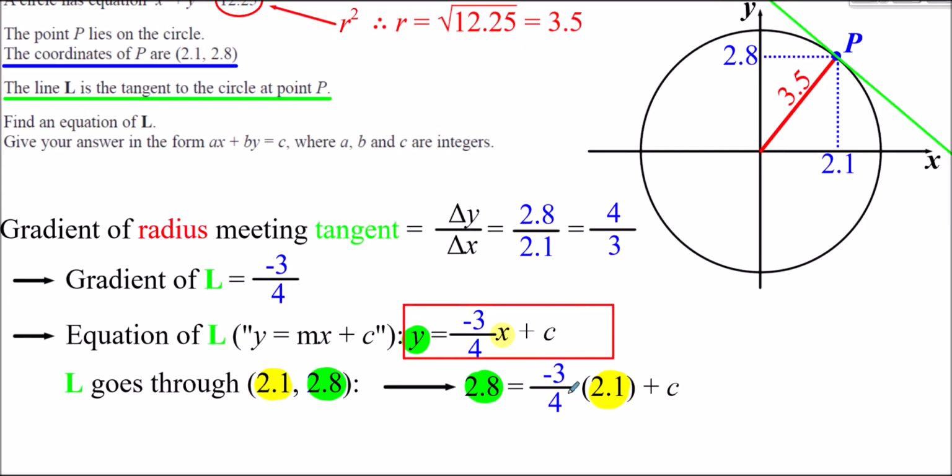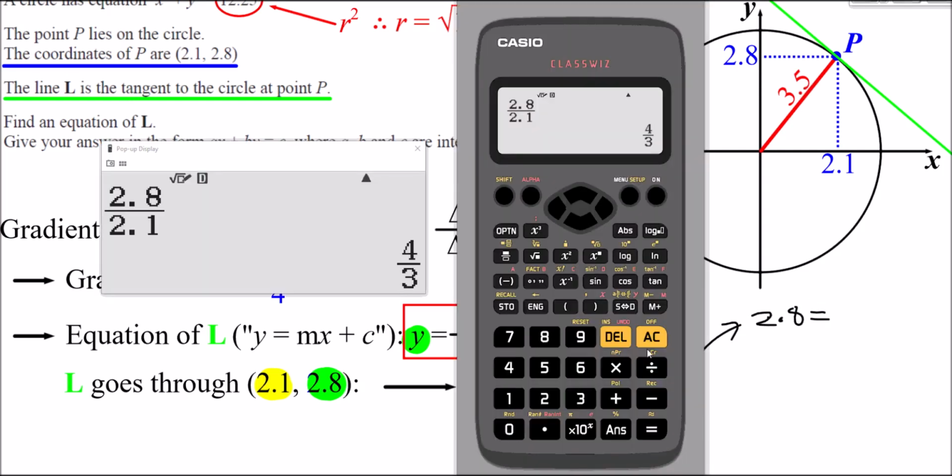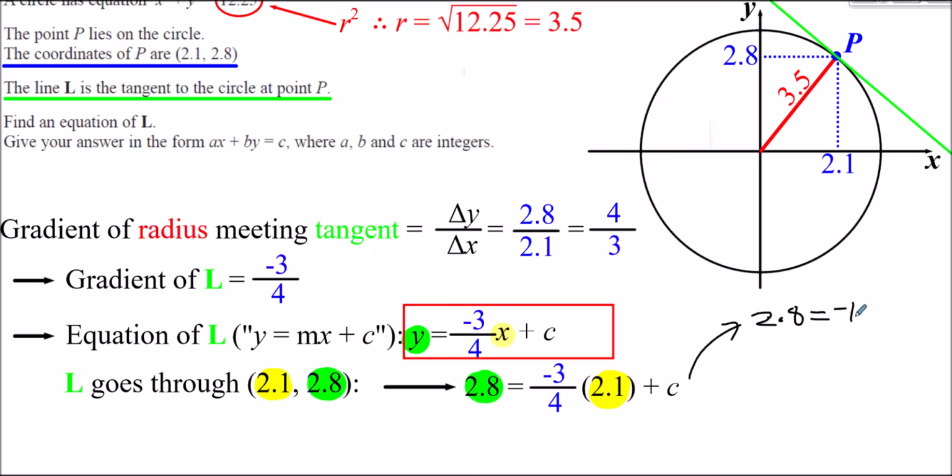So if I just work out minus 3/4 times 2.1, first of all, minus 3/4 multiplied by 2.1 gives minus 1.575. So minus 1.575 plus c.